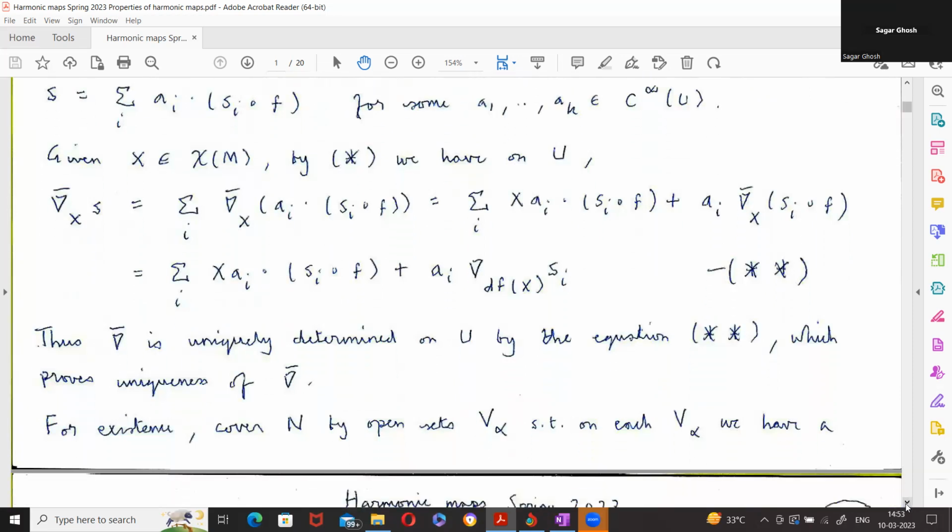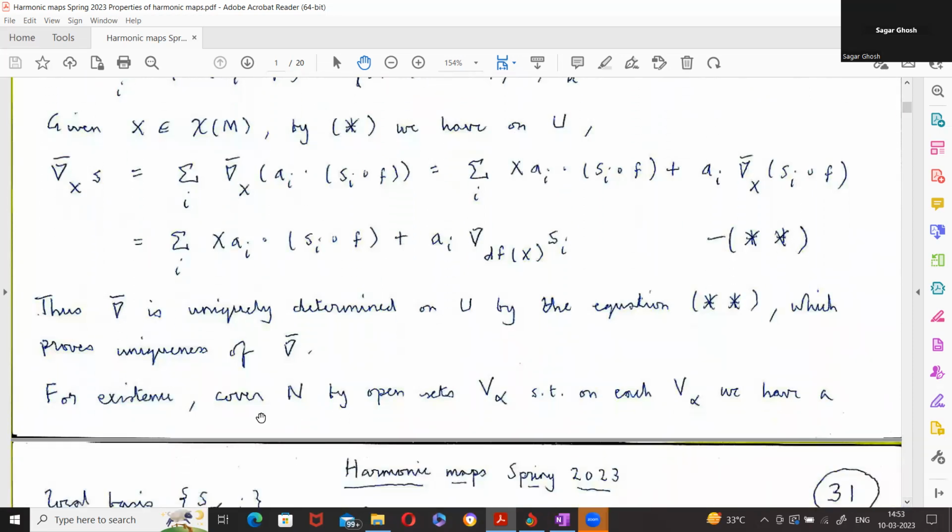Now how do you get the existence? My manifold N, we don't even need to assume compact actually. This works in the non-compact case also.